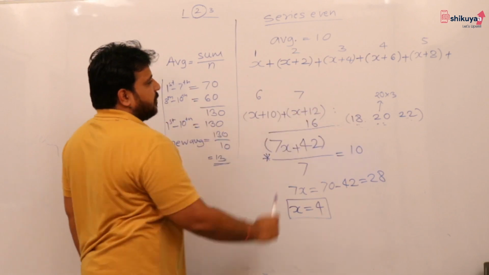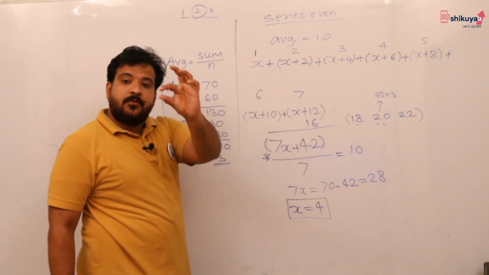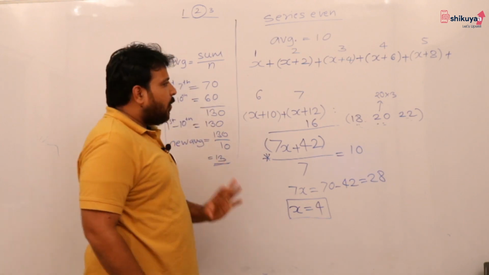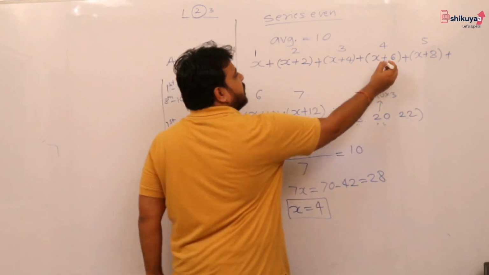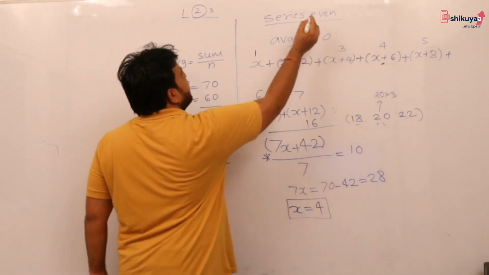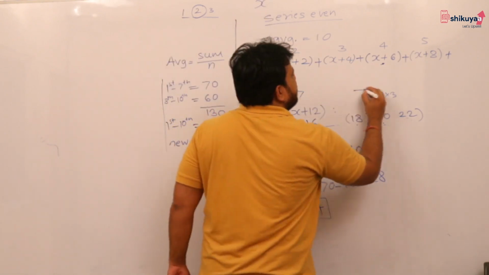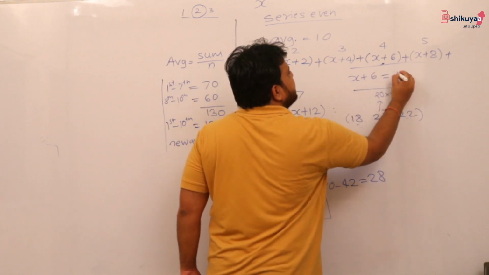Means the fourth term is going to be the average value. What does it mean? This fourth term, that is x plus 6, is 10.